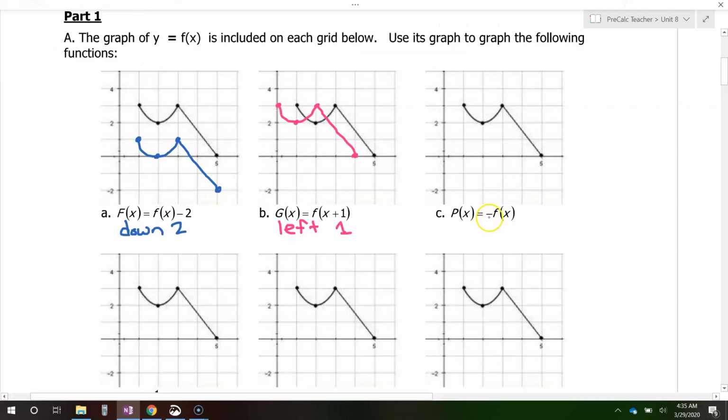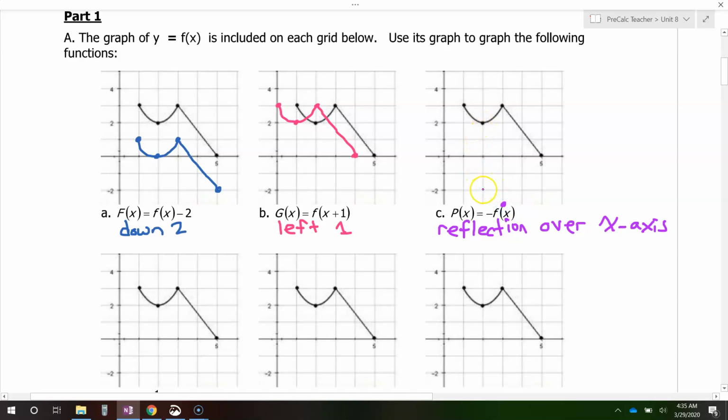Now, I told you that a negative sign in front of the function is going to be a reflection over the x-axis. Okay, so here's the x-axis right here. So this point is 3 up, so a reflection would be 3 down.